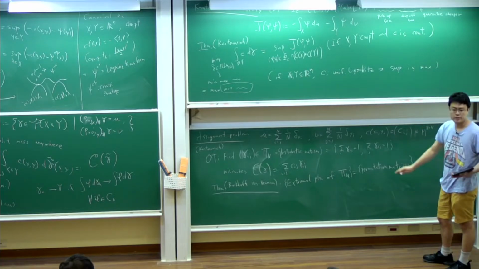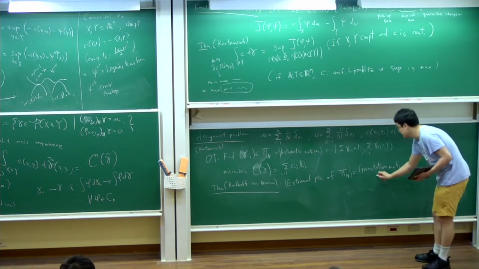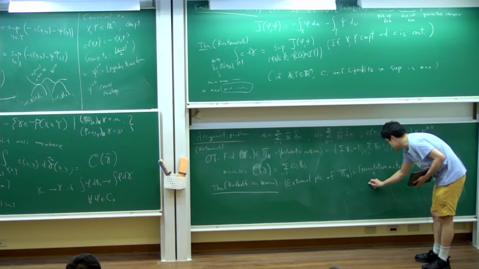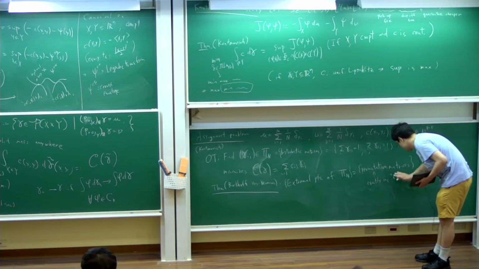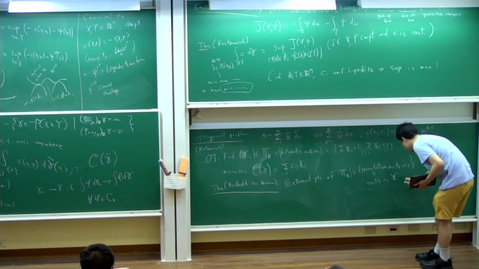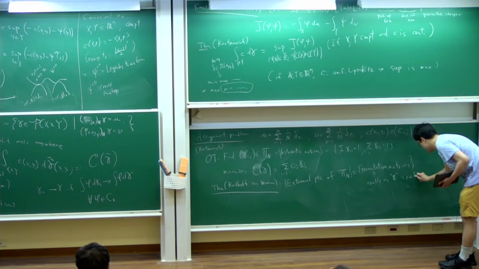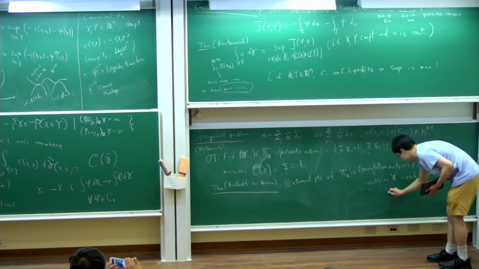Recall, a permutation matrix has exactly one number 1 in each row and each column, and then zeros elsewhere.